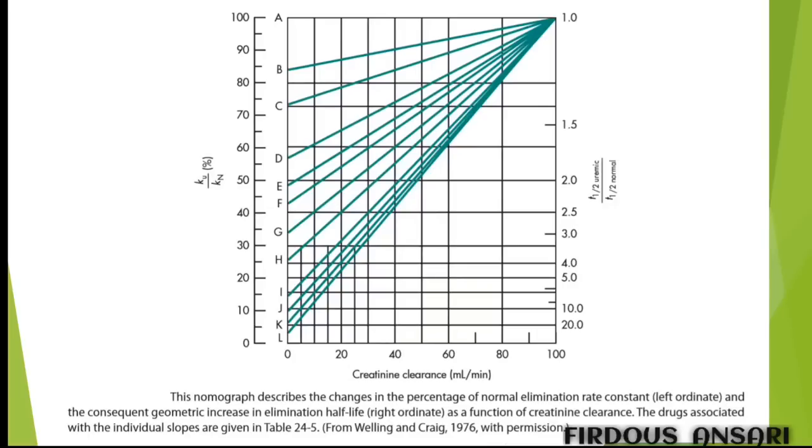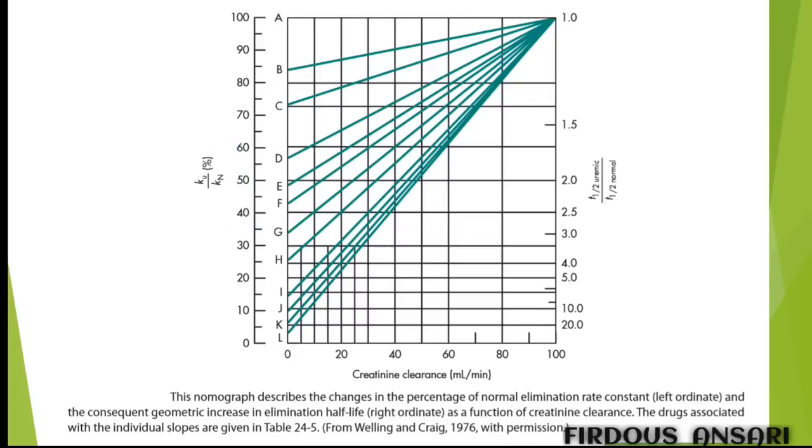The nomogram method of Wagner and Craig provides an estimate of the ratio of uremic elimination rate constant Ku to the normal elimination rate constant, that is Kn, that is Ku by Kn, on the basis of the creatinine clearance.